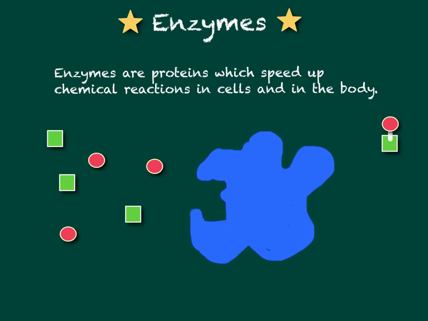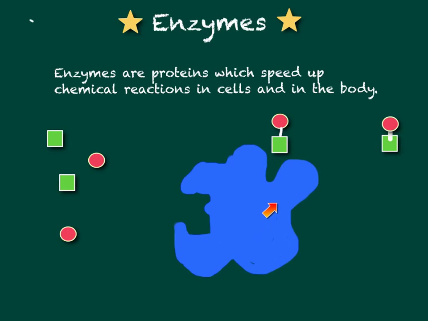So how the enzyme will work is that the 2 reactants, we call them, will join with the enzyme and come close together, and when they're there, a chemical bond can be formed between them, like this.